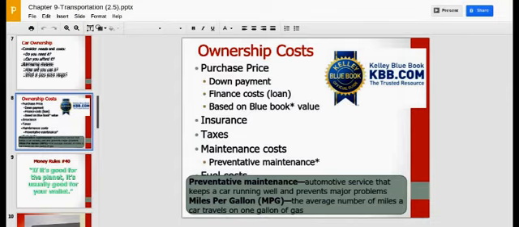Preventative maintenance is automotive service that keeps the car running well, the maintenance that you have to put on a car time and time again, so there are no major occurrences. That's why you get your oil change, and that costs money. Get your wheels aligned. Preventative maintenance means preventing problems and having little costs that do add up, so there's no major issue.